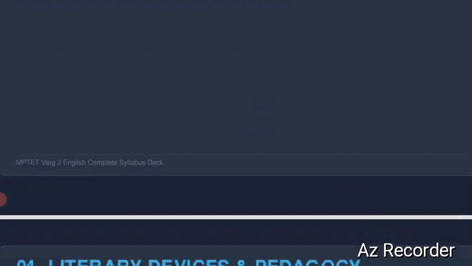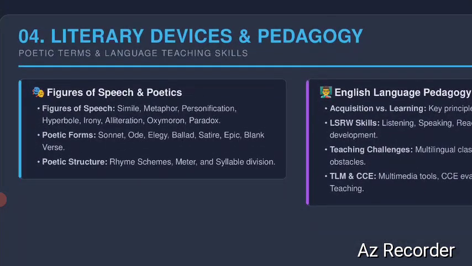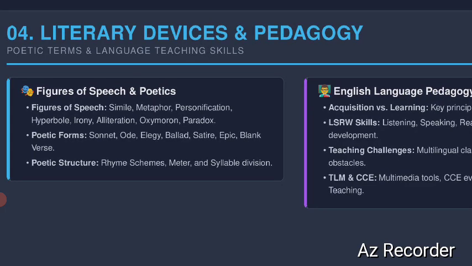Another thing is literary devices, where you must enhance your understanding of identification and application of literary devices. There are many literary devices, but there are some specific and prescribed ones which you have to study in this syllabus. So, the figures of speech and poetics.